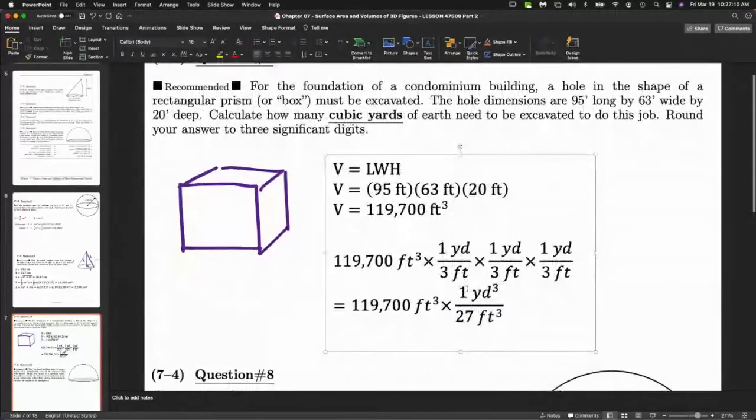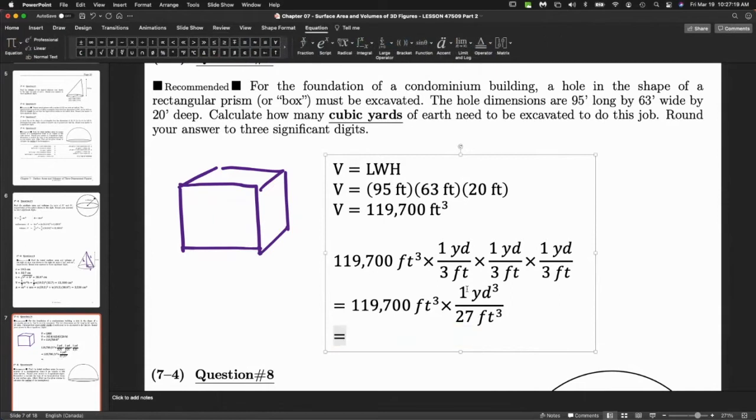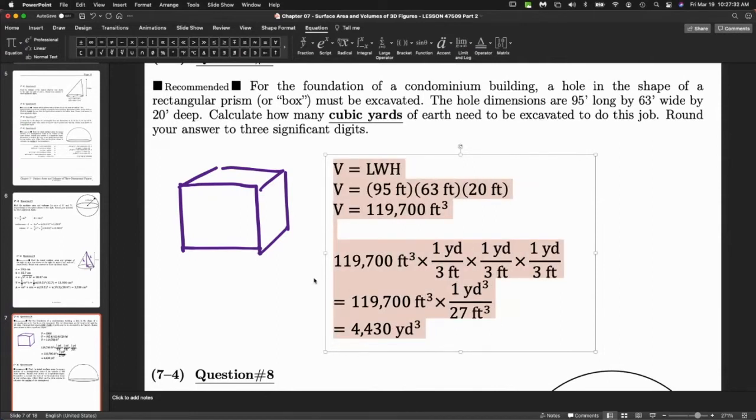I don't really care if you did the spheres and the cones we did earlier. This question, if there's one thing you take away from today's class, is this factor of 27. Anyway, you get 4,430. Let me put the comma in there correctly. Cubic yards. And there you have it.